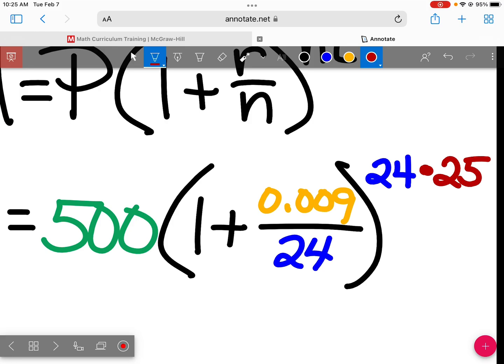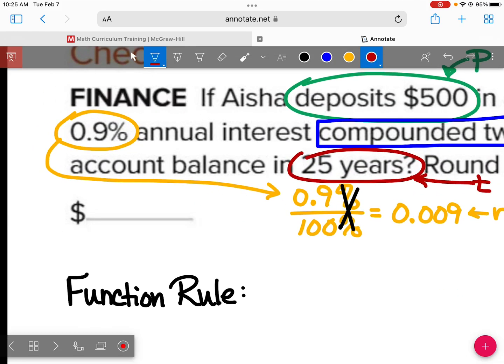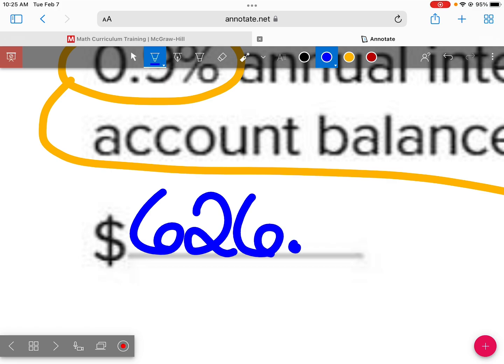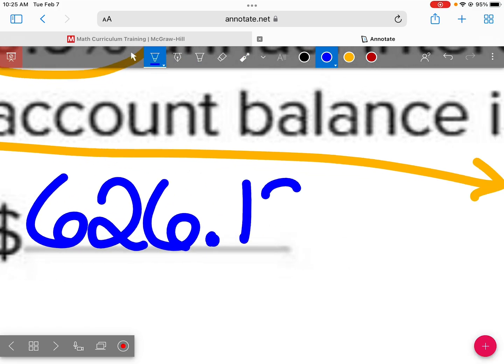And I can pop that whole thing in my calculator and get what? $626 and 13 cents.